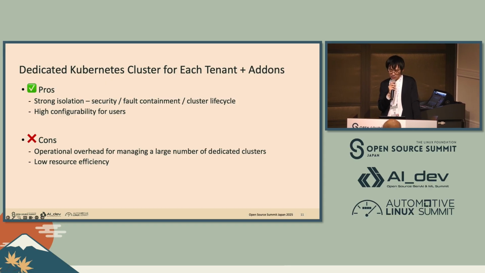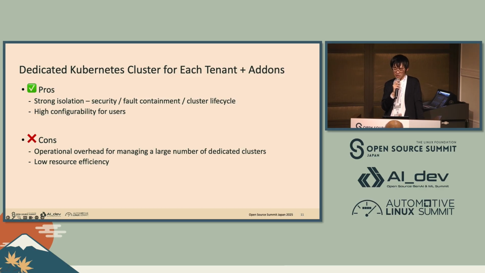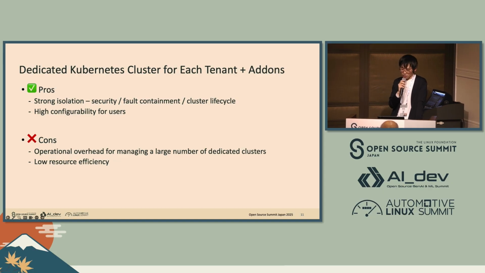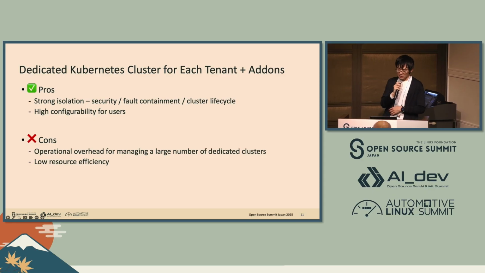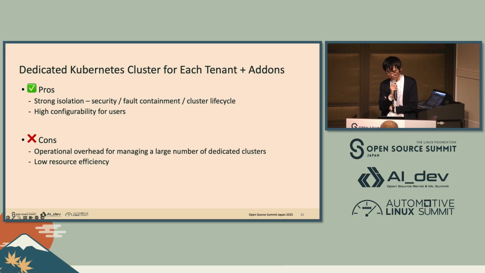On the downside, operational costs become higher. As the number of clusters grows, managing all of them requires more work and resources. And resource efficiency is also lower because clusters are separated per tenant. We can't consolidate resources across them.